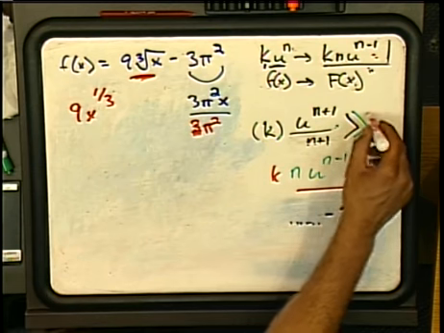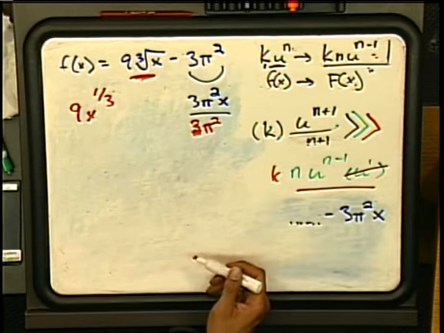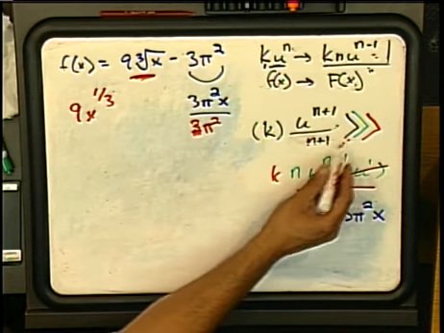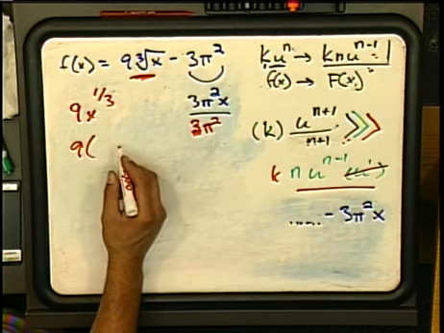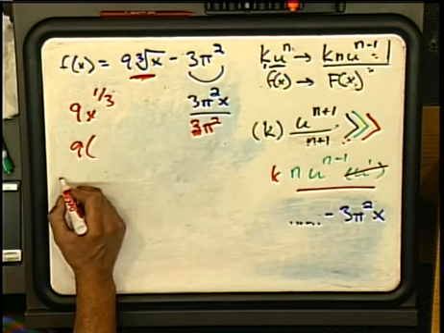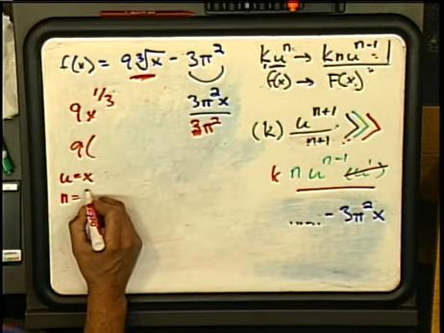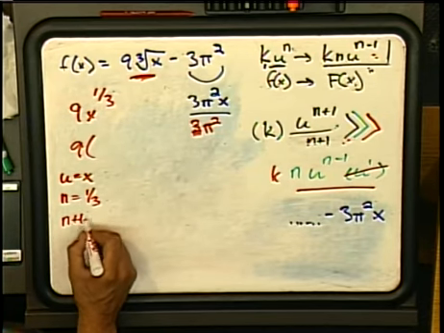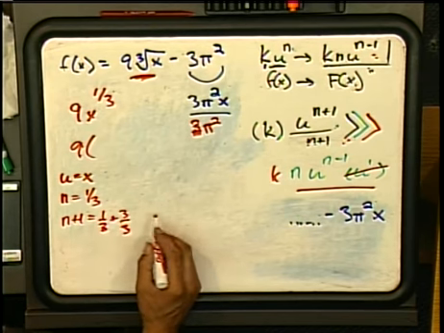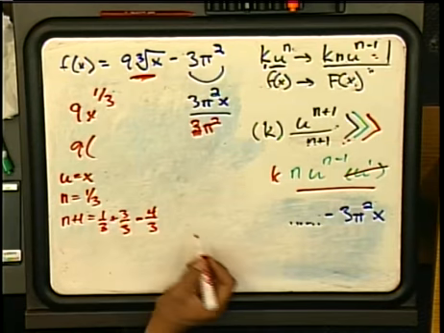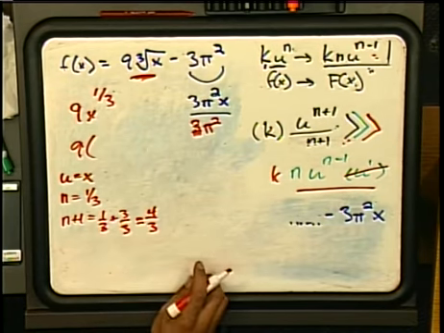And then we can use this rule again, u^(n+1) over n plus 1. We'll take the constant term out. You have your u equals x, n equals 1/3. N plus 1 equals 1/3 plus 1 equals 4/3.